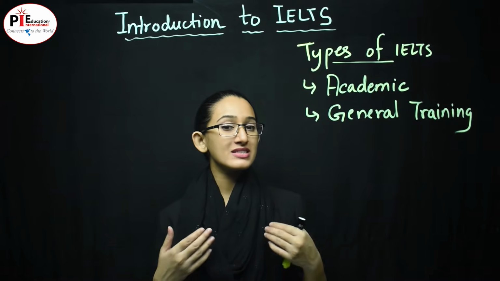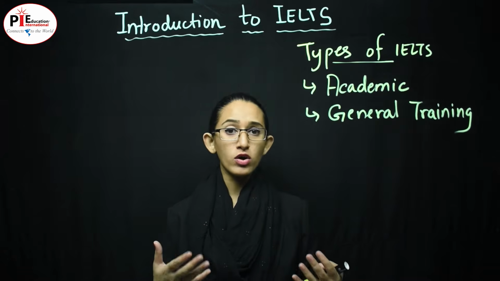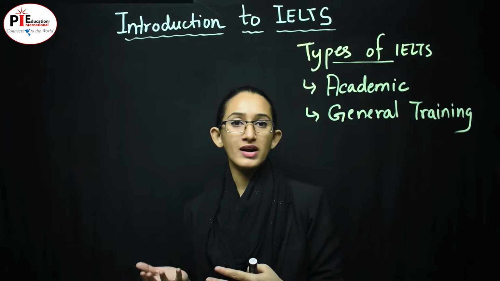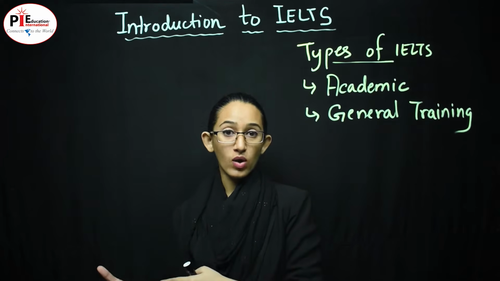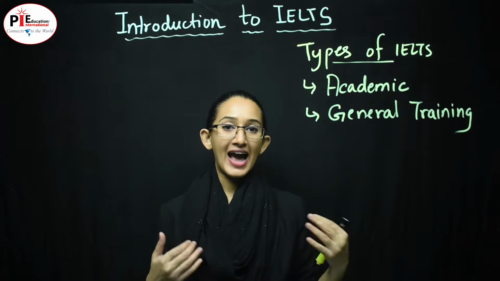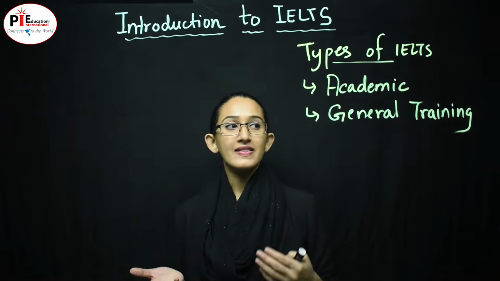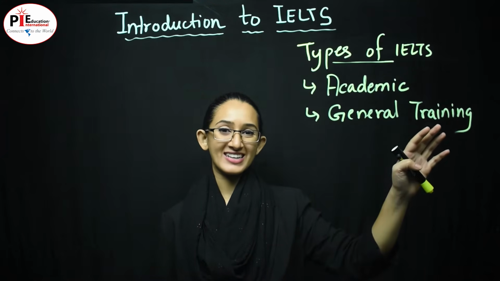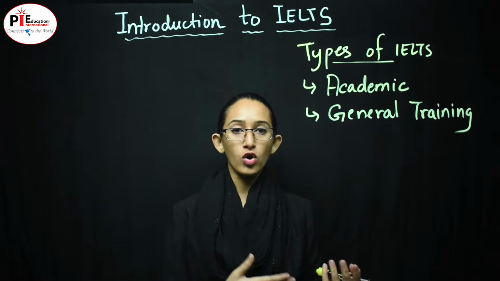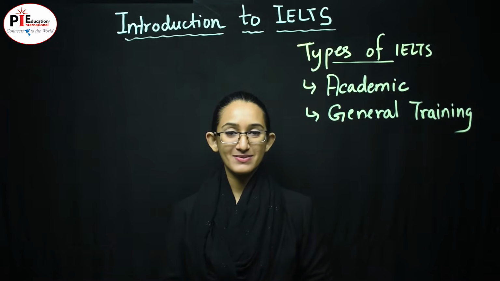If you're thinking about studying in a different country, either for your undergrad or your master's degree or PhD or any sort of educational purpose for going to a different country where they require the IELTS, then you have to give your academic IELTS. And if you're going for a job purpose or for immigration purposes, then you have to give your general training IELTS. So depending on the reason why you want to shift or go or visit another country, you have to pick the right kind of IELTS.